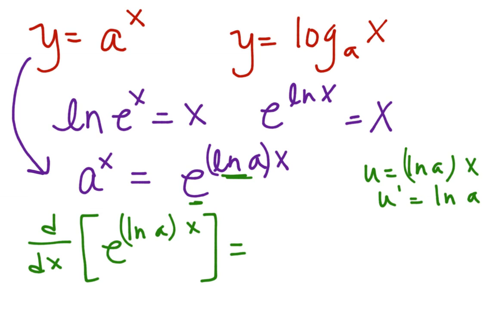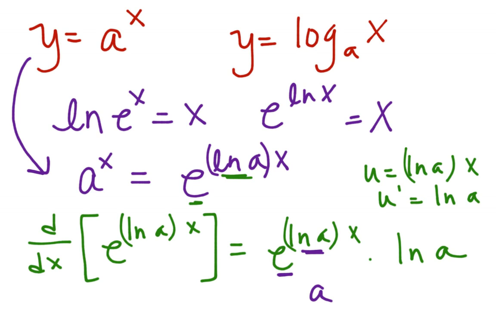So let's take the derivative. e to the u times u prime. And I want to recall e to the ln a x is really just a to the x, times ln a.